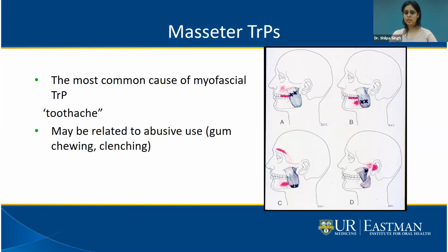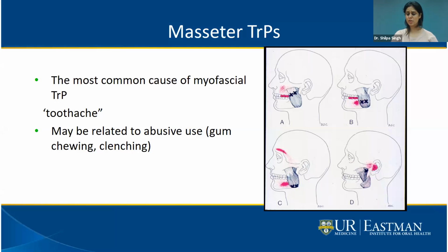There are a few muscles specifically which give reference to the area in the teeth, called the zone of reference. The myofascial trigger point for the masseter muscle is very particular in the teeth. Once you press the trigger point, the patient will say, oh, this is my pain, and can familiarize the pain.